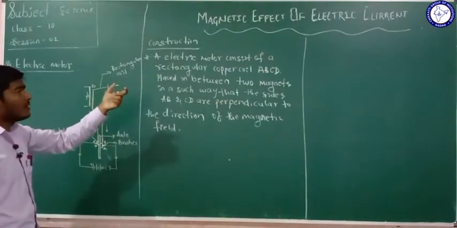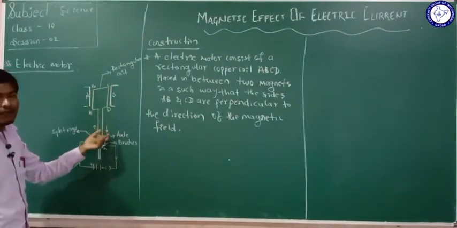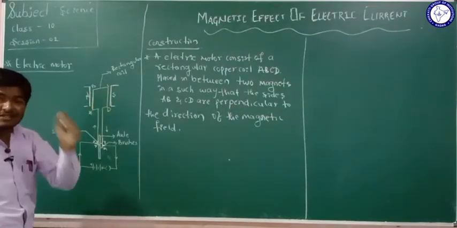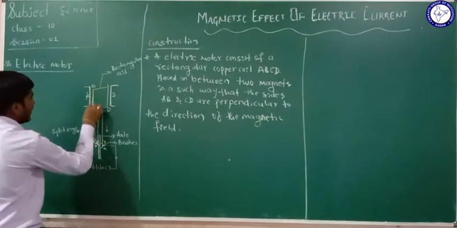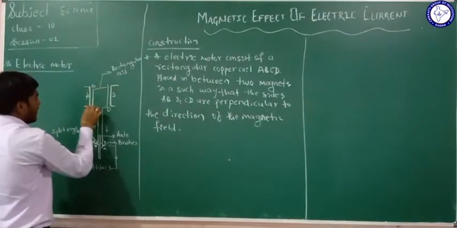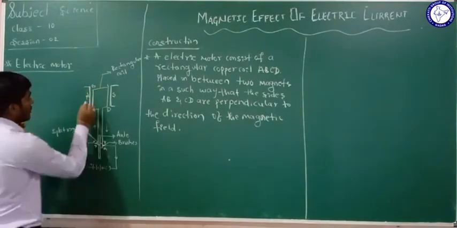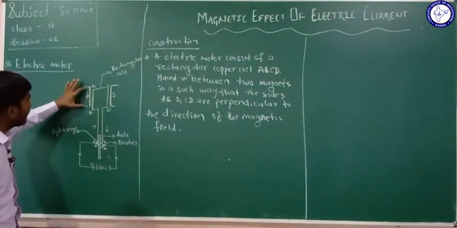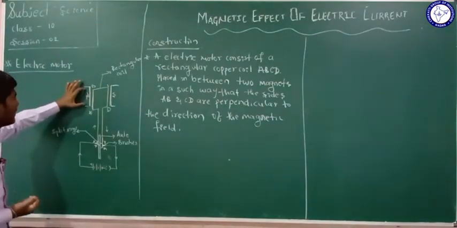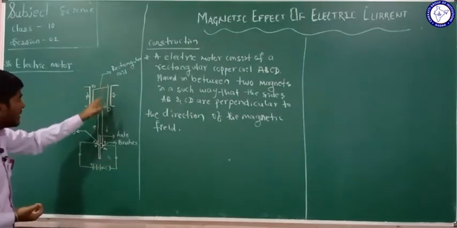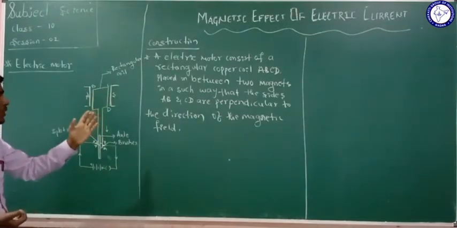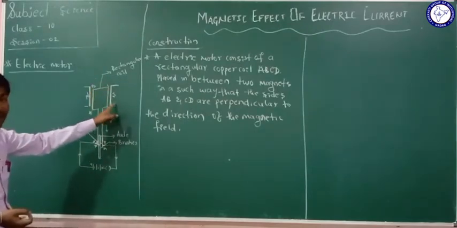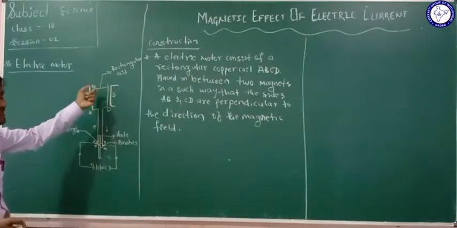ABCD is a rectangular copper coil that is placed in between two magnets in such a way that the side AB will be perpendicular to the direction of the magnetic field produced by the magnet N, and the side CD will be perpendicular to the direction of the magnetic field produced by the magnet S. You have to remember this, this is the first point.